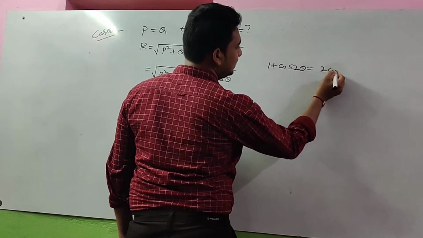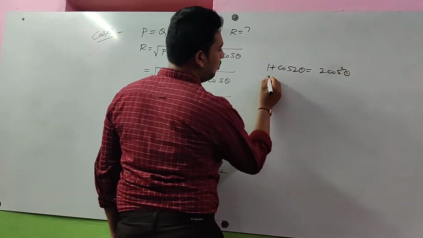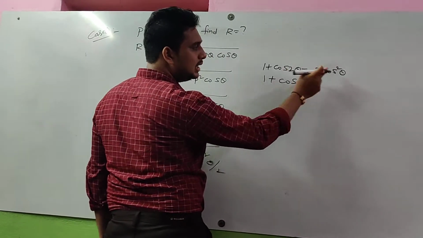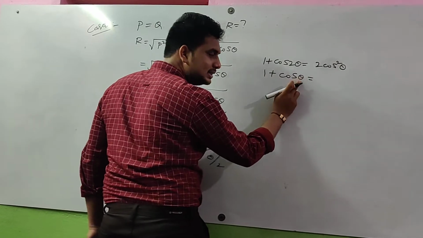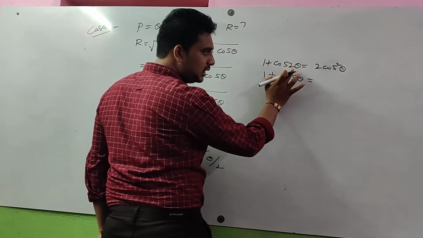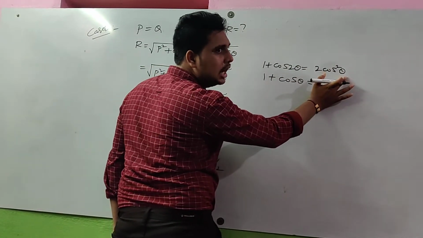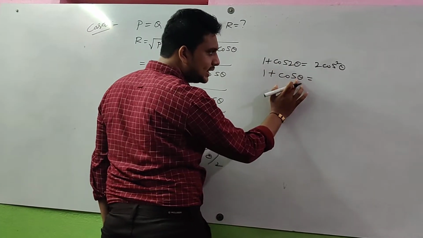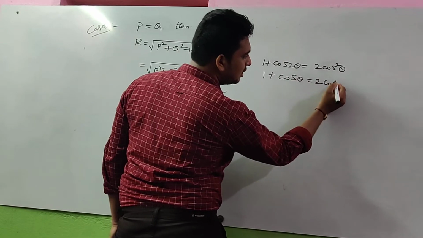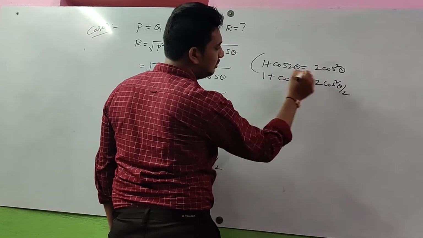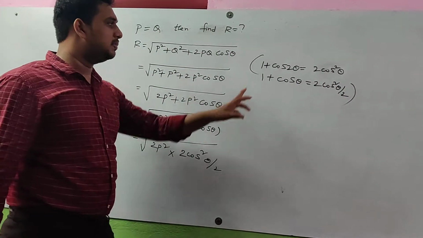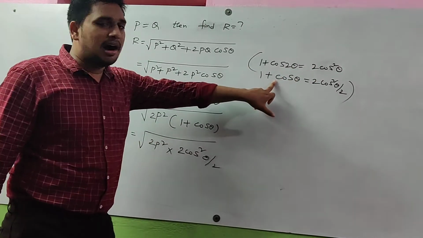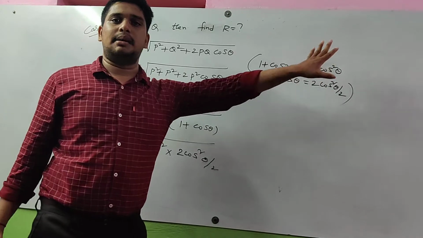Observe here, 2 theta is there, and here theta is there, so we take half the value. From the trigonometry formulas, 1 plus cos 2 theta is equal to 2 cos square theta, so 1 plus cos theta is equal to 2 cos square theta by 2.